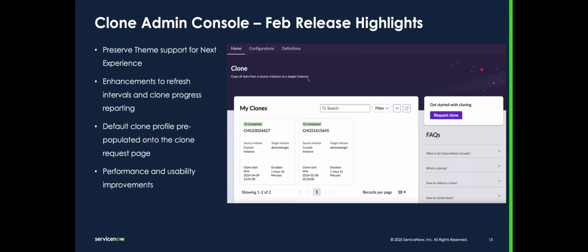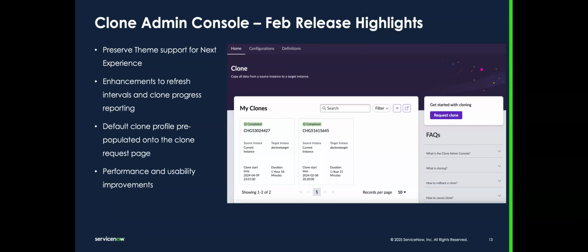So in the Feb release here, we have theme support for Polaris for next experience themes. So as you know, as part of Clone, you can preserve the theme on the target instance. So that one is resolved. And then we also have some greater visibility into your clone progress.